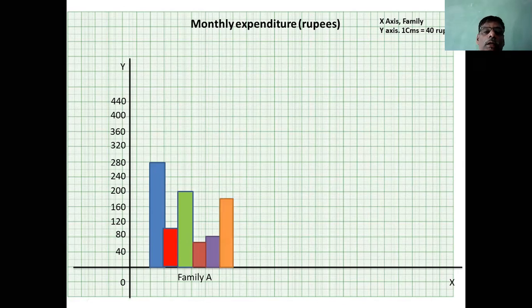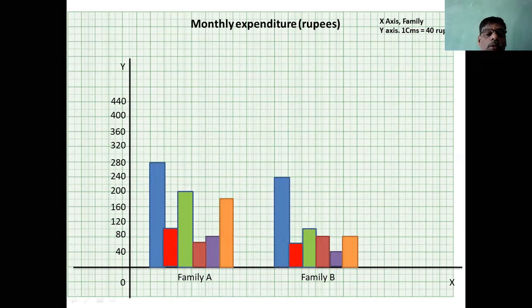This is family A, and six components for family B. In the same way, family B: you take 6 components. First component, second, third, fourth, fifth, sixth. These are to be drawn. This is called a multiple bar diagram.